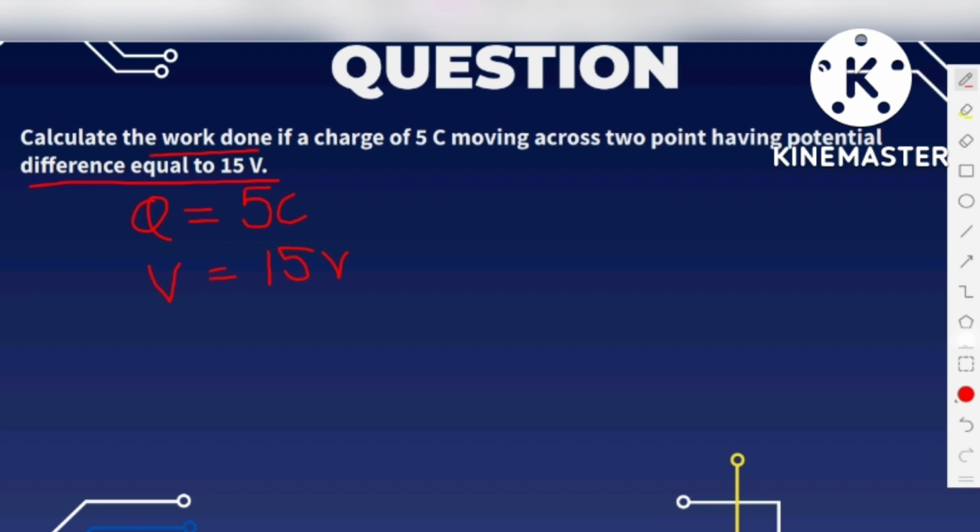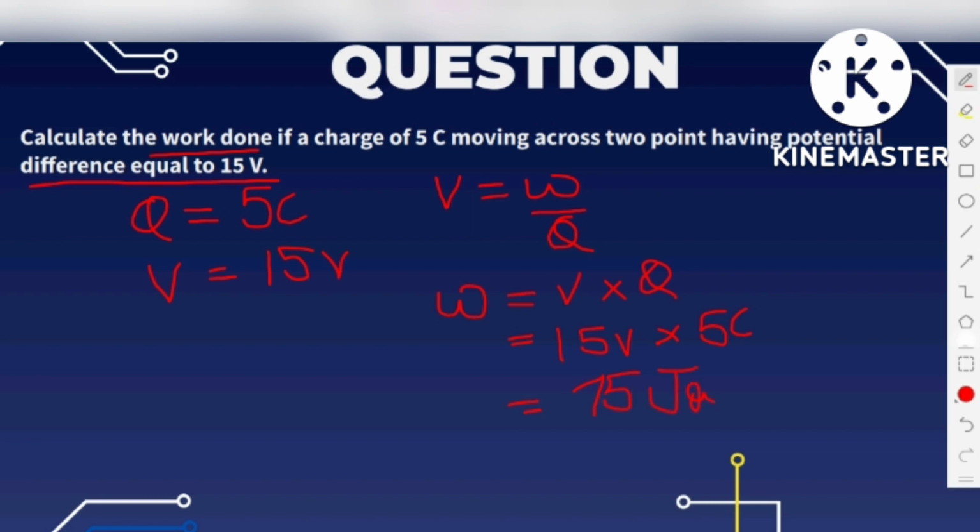Alright, so we can write the formula V equal to W by Q, or the work done per charge. After transposing Q to the LHS, we get W equal to V times Q. If we substitute the values given in the question, we get 15 volts multiplied by 5 coulombs of charge, giving us 75 joules.